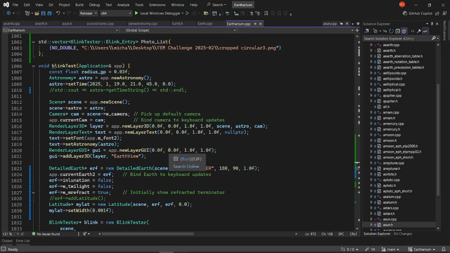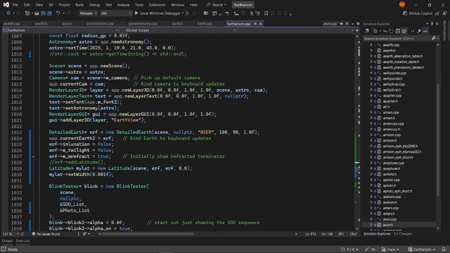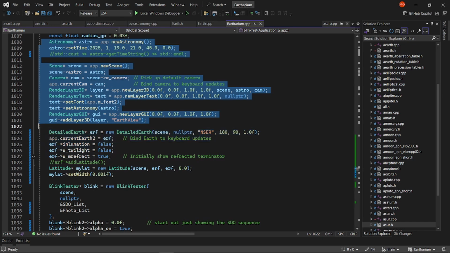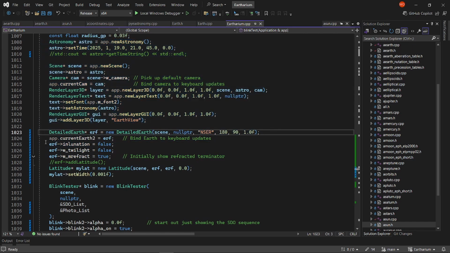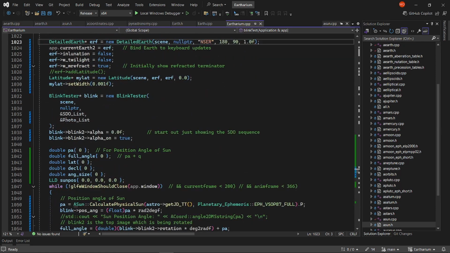So what we just need to have a look at now is how do I calculate this? And so I set up this system here very quickly. I add the Earth here, which you saw was underneath the blink test the whole time, and the latitude line, and then I added a blink tester on top.